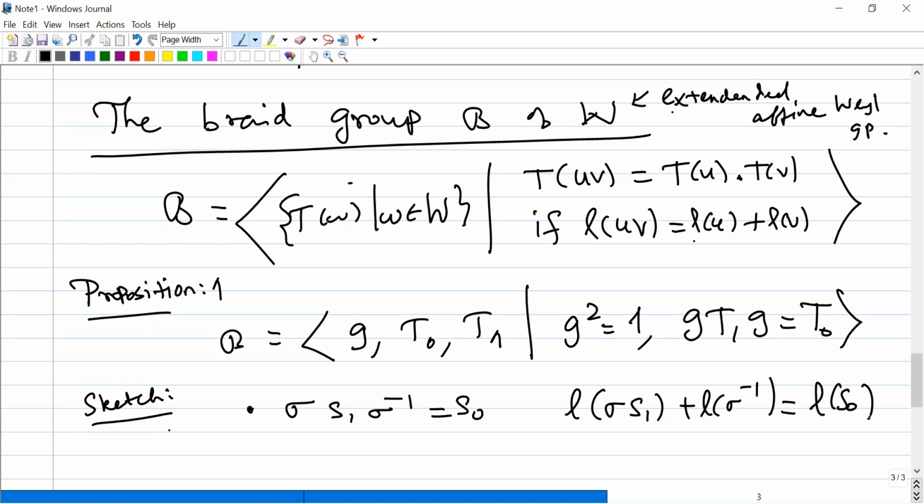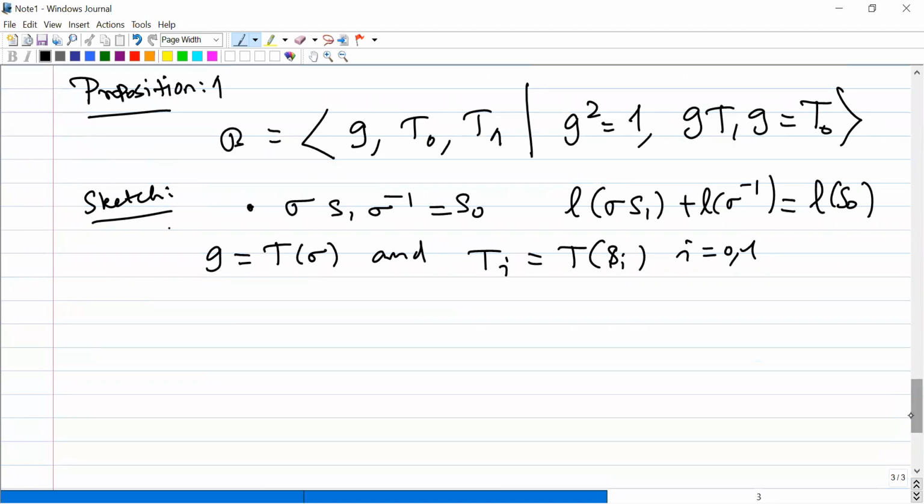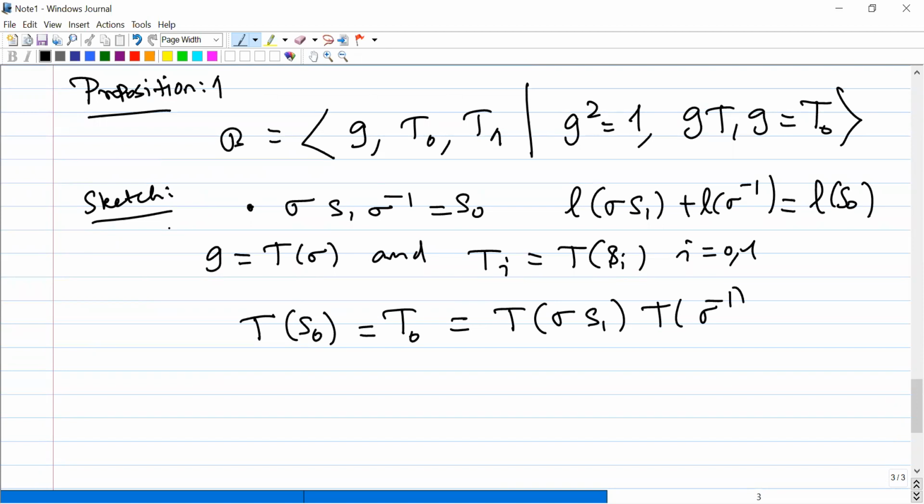Now if I take g to be T of sigma and Ti to be T of Si for i equal to 0, 1, then it's clear that T of S naught, which is T naught, is equal to T of sigma S1 times T of sigma inverse.